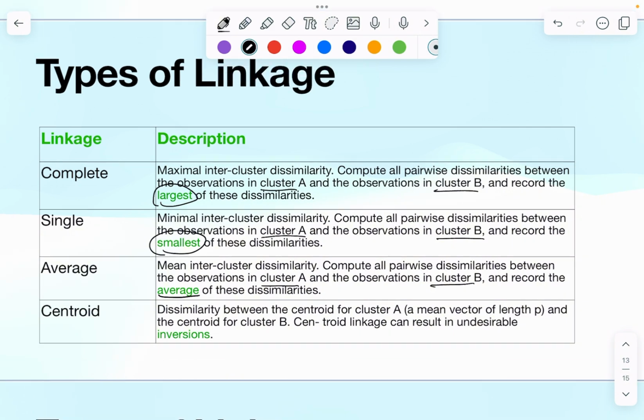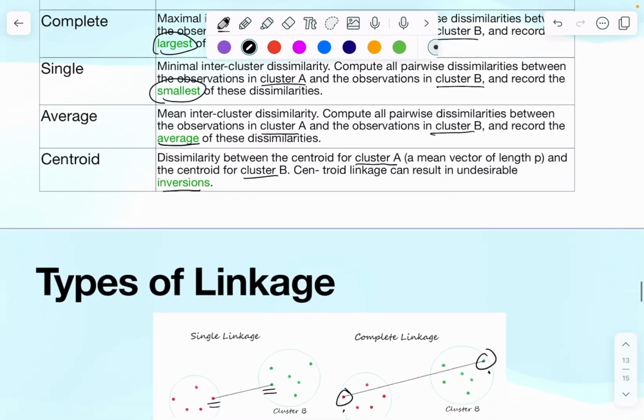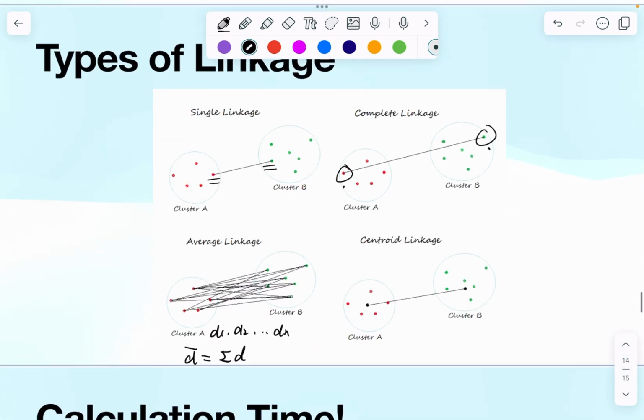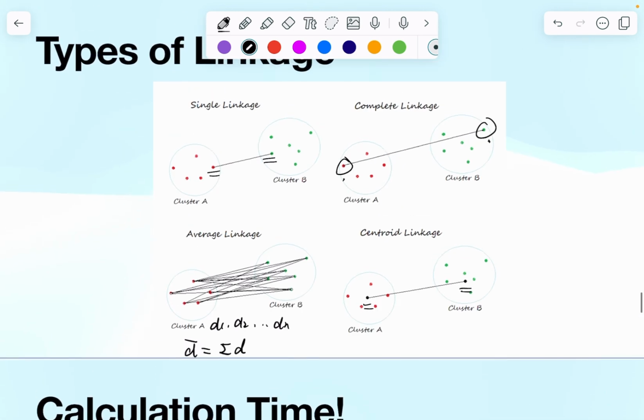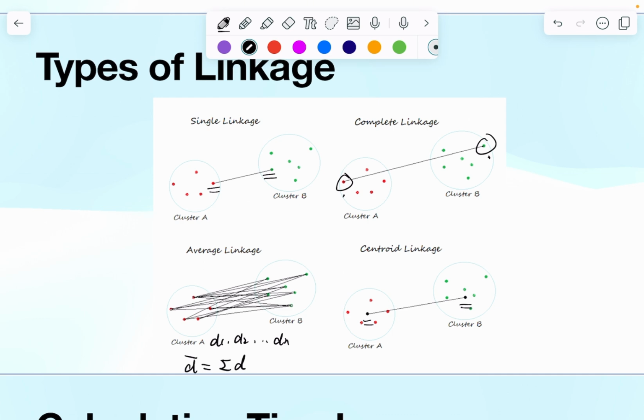The fourth is the centroid. It first finds the cluster A centroid and the cluster B centroid, and then calculates the distance between centroid A and centroid B. So the average linkage does the averaging later, and the centroid linkage does the averaging first and then calculates the distance. These are the 2 primary differences between average and centroid.